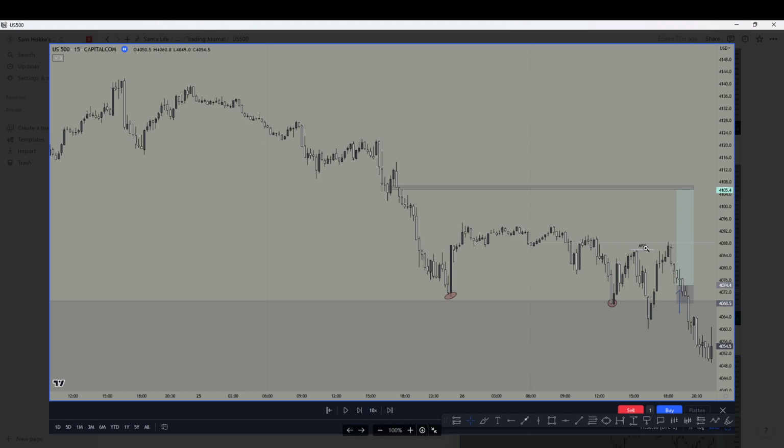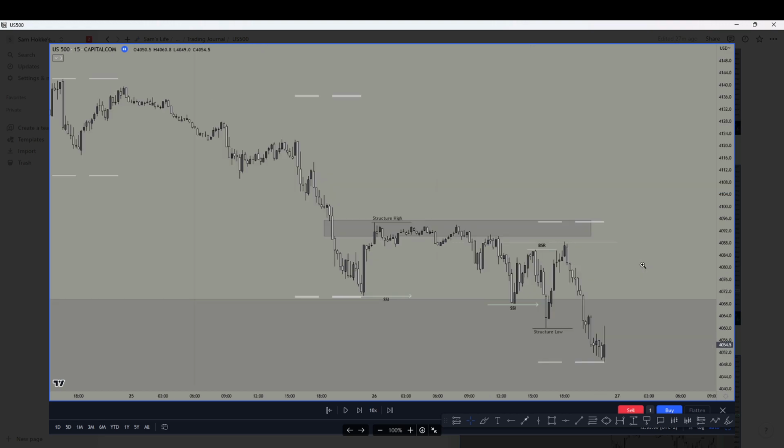What we can see here is that I indicated a market structure shift, but for this to become a market structure shift, it had to be an expansion higher, a real expansion, before retracing deeper down. What we can see right now is we have a structure high here.